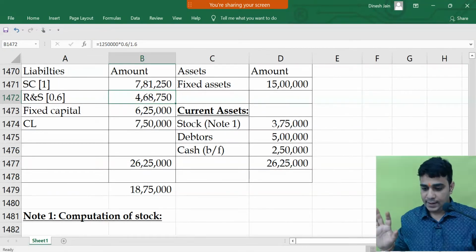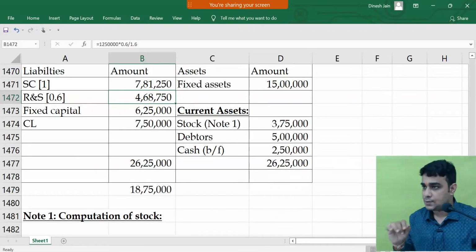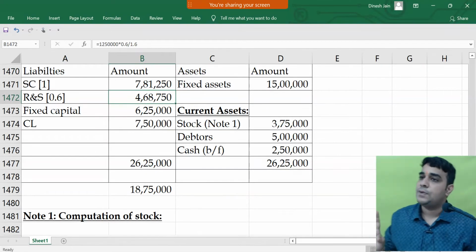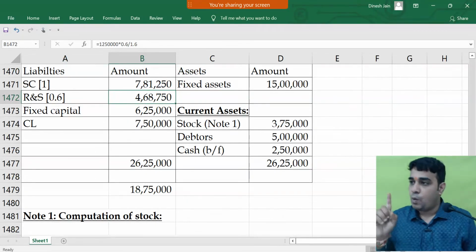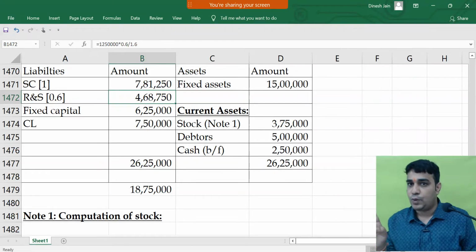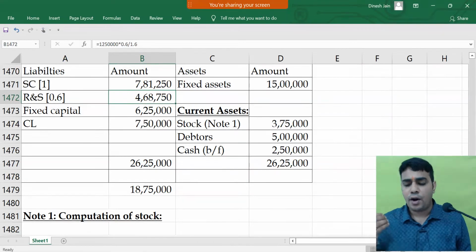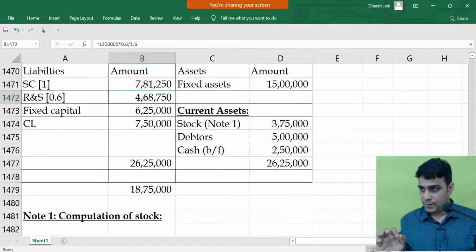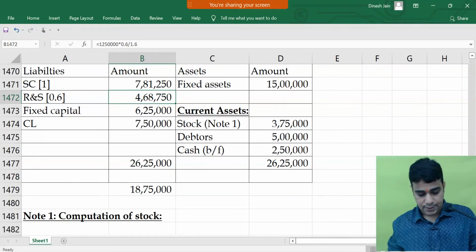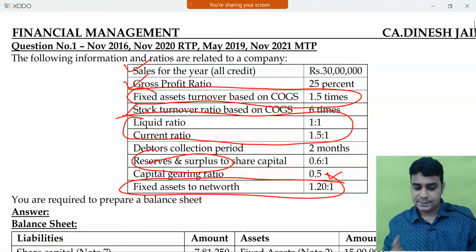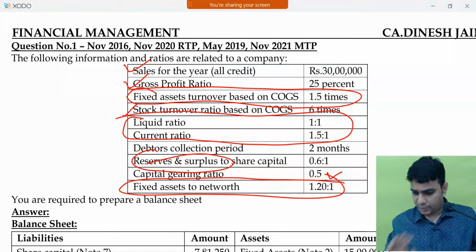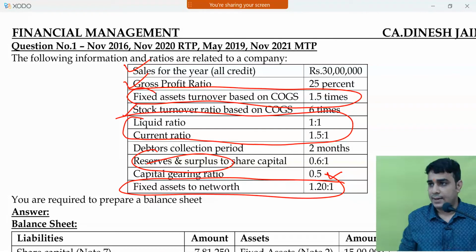One of the common adjustments which will be there in exam questions is your current ratio and quick ratio combination. Current and quick ratio combination is a normal adjustment which will be there in many questions. And second is your capital gearing ratio.